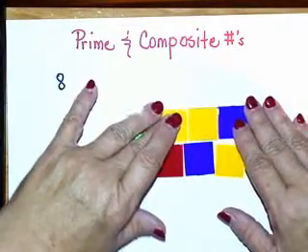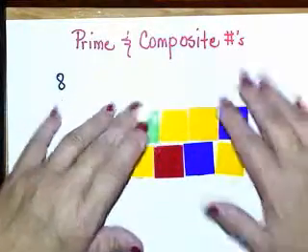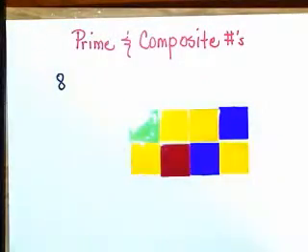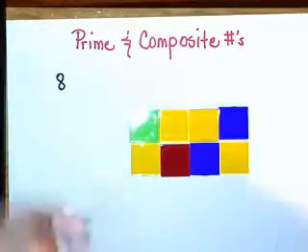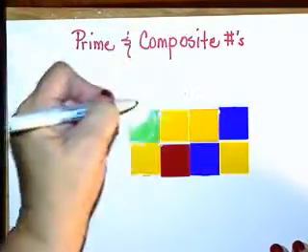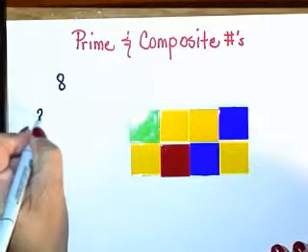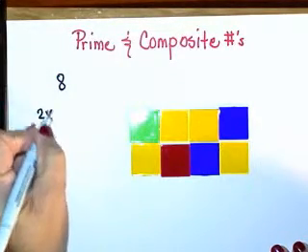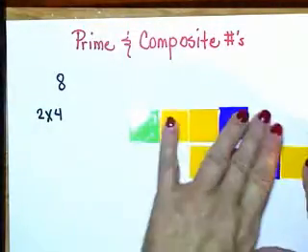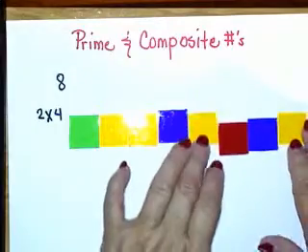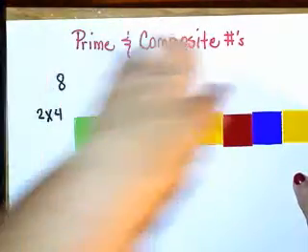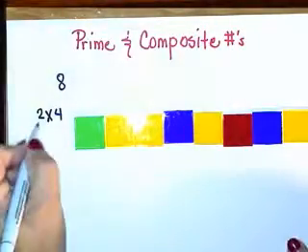Now, I can make a rectangle that looks like this. In other words, a rectangle that is 2 on this side by 4 on this side. So, we could make a rectangle that's 2 by 4. And we could also make a rectangle that is 1 on this side by 8 on this side.